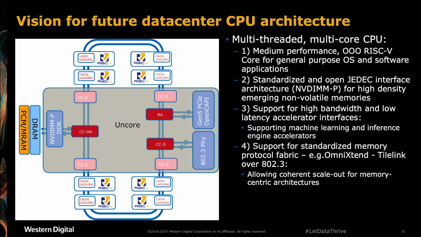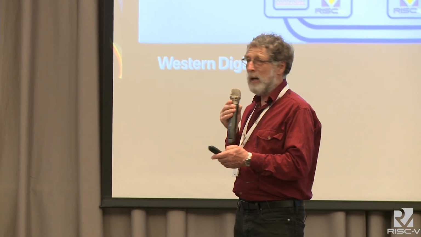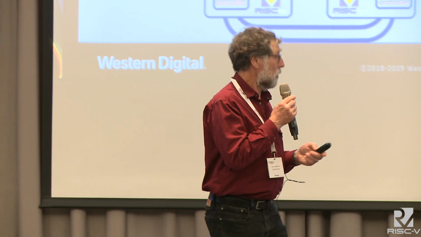There's support for high bandwidth and low latency accelerator interfaces, supporting machine learning and inference engine accelerators, and support for standardized memory protocol fabric, for instance, OmniExtend, which implements TileLink over 802.3, allowing coherent scale out for memory-centric architectures.